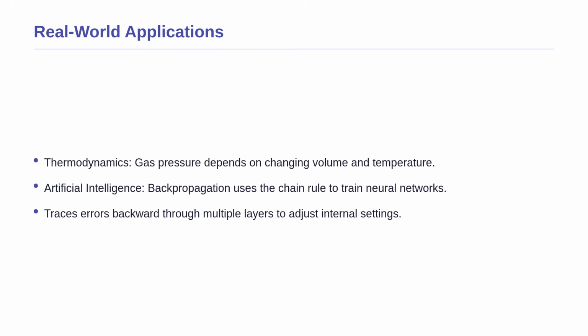Without the chain rule, engineers could not calculate how fast the pressure inside an engine is building up. In the field of artificial intelligence, the chain rule is the mathematical engine behind backpropagation. By tracing errors backward through multiple layers of intermediate variables, it tells the computer exactly how to adjust its internal settings to learn from data.